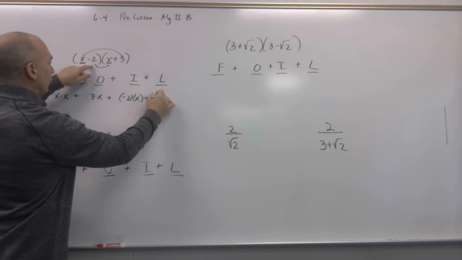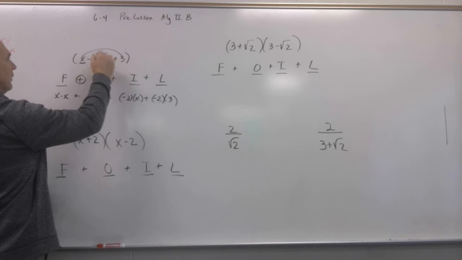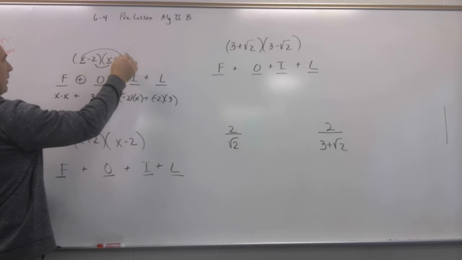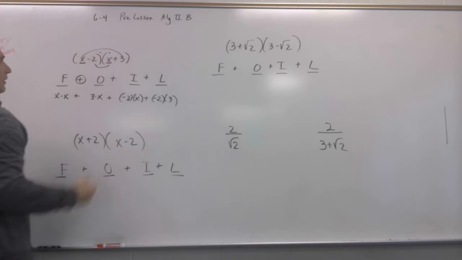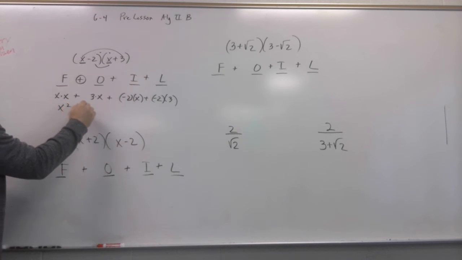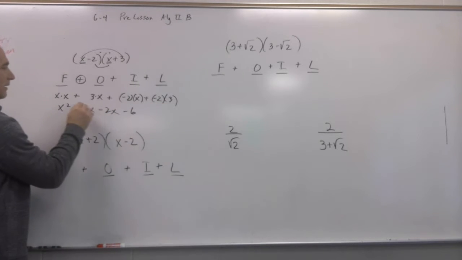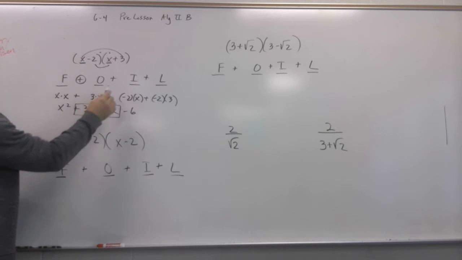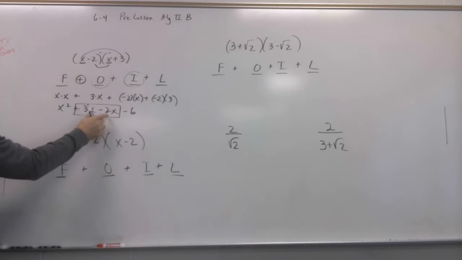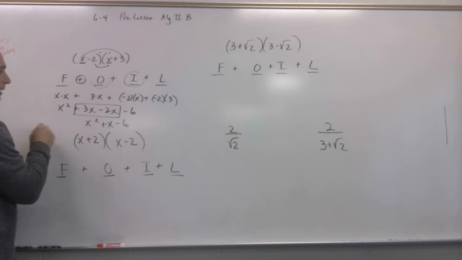So -2 times 3. And I think a lot of teachers then somehow make a happy face. So I'll just go like that. There you go. All right. So now this is x squared plus 3x minus 2x minus 6. And then notice my outside and inside terms end up being like terms, so I get x squared plus x minus 6, and I'm done.